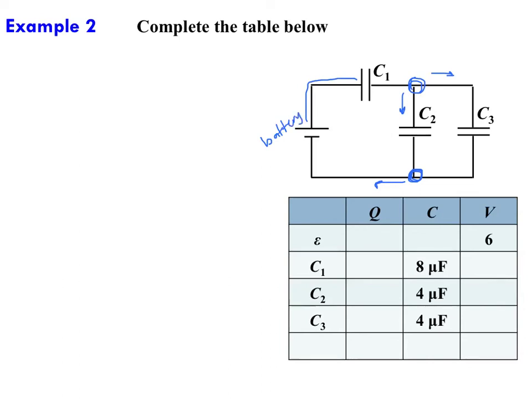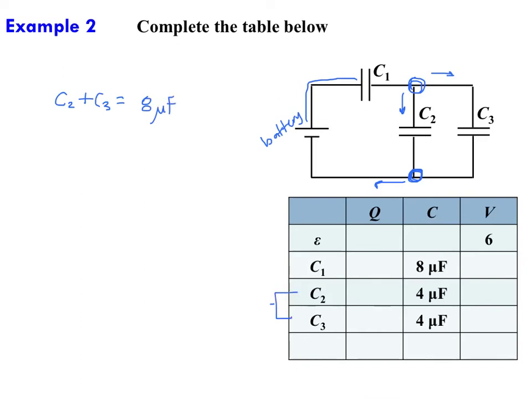So, the first thing you want to do is to simplify this as much as possible. So our capacitor 2 and capacitor 3, we can tell that they're in parallel, so I want to simplify those. So capacitors in parallel simply add up. So that will give me 8 microfarads.